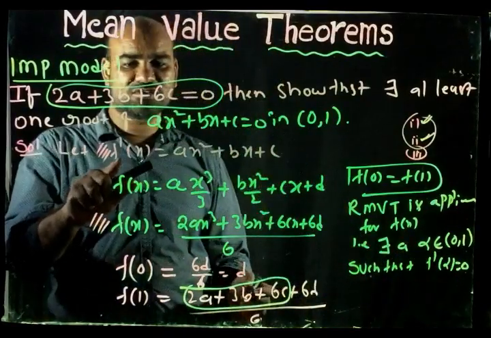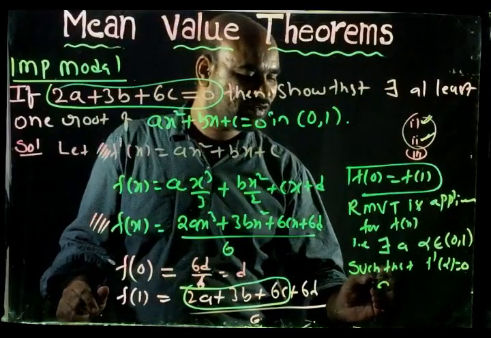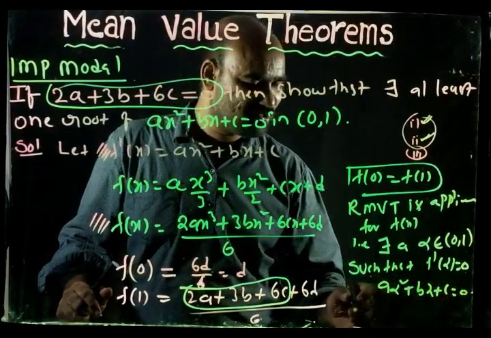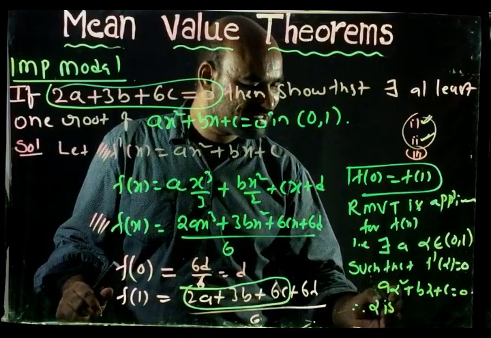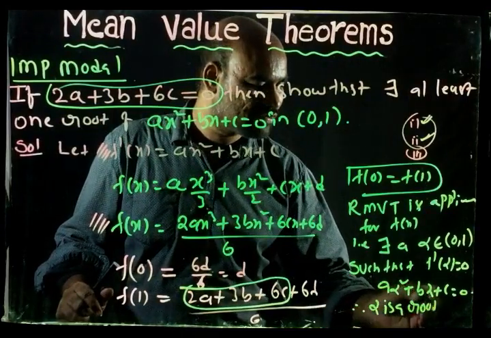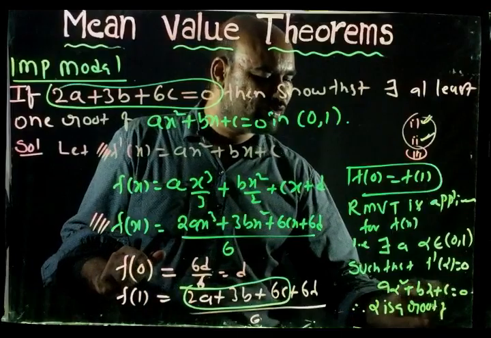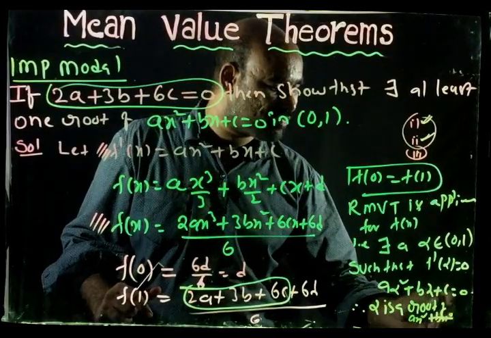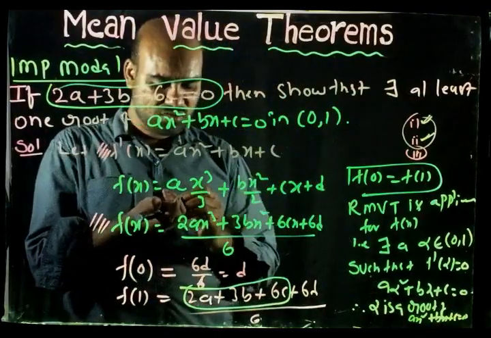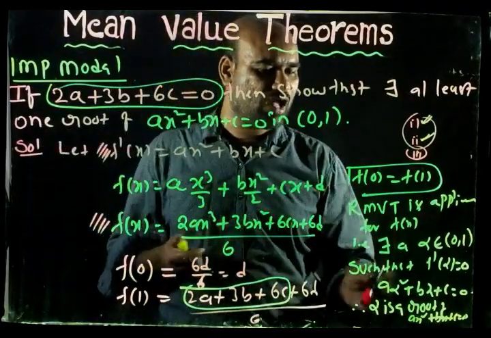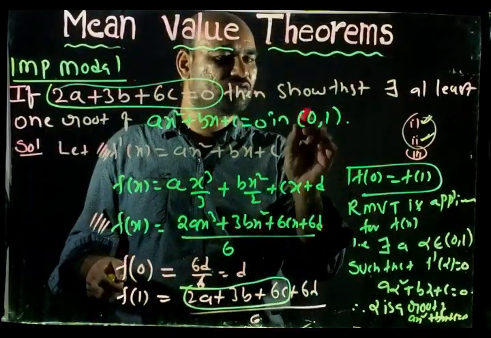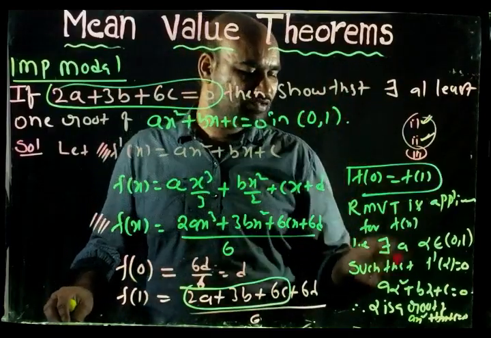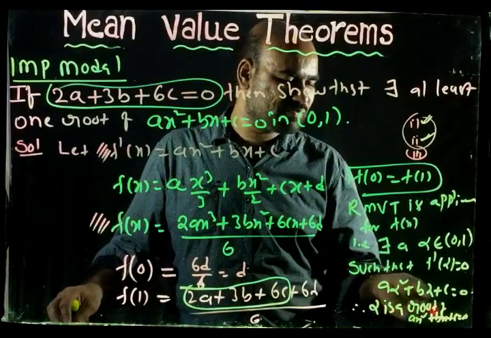What does f'(alpha) equal to 0 mean? a alpha² plus b alpha plus c equal to 0. Therefore, alpha is a root of ax² plus bx plus c equal to 0. So, hence proved. So alpha is from 0 to 1. What we proved is that there exists a number between 0 and 1 which satisfies ax² plus bx plus c equal to 0.